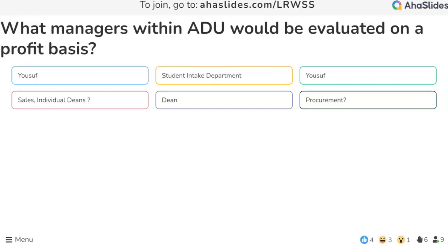So the deans at COBA, and there's a dean responsible for the law program, are evaluated based on the revenue they generate and the costs that they control. So it's a profit, but not quite a profit. It's the revenue minus the controllable costs that the dean is responsible for. So we call it a profit center idea.